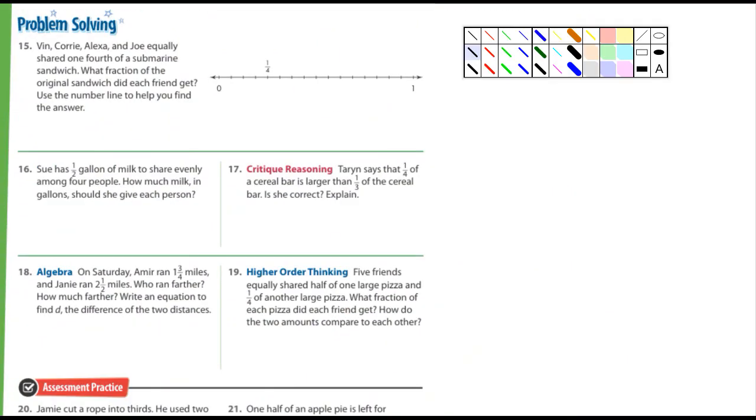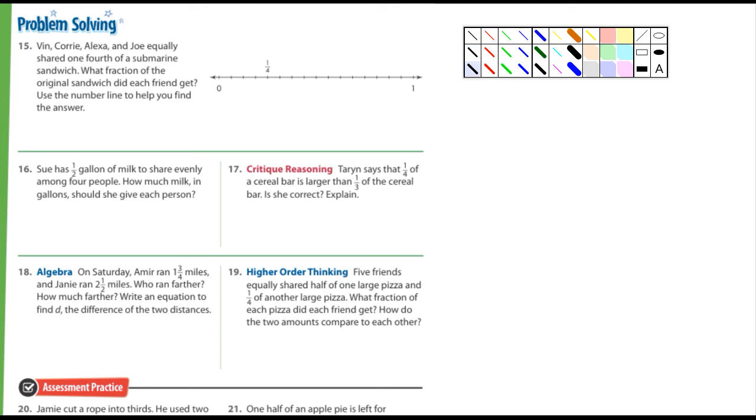What do we got here? Vin, Corey, Alexa, and Joe equally share 1/4 of a submarine sandwich. Oh man, that's not much of a sandwich. What fraction of the original sandwich does each friend get? Use the number line to help. Okay. So how many people are we talking about? Talking about 4 people. All right.